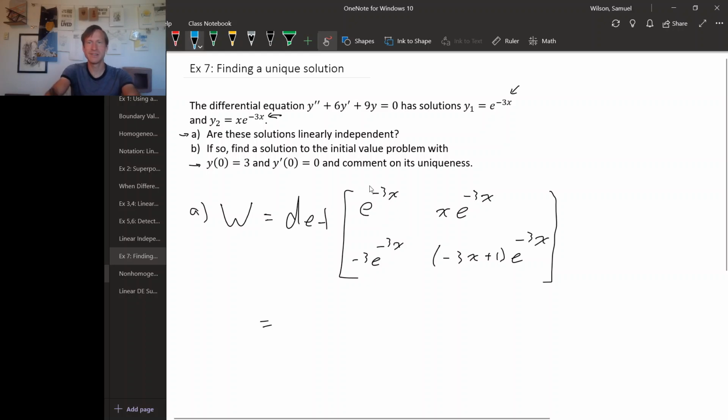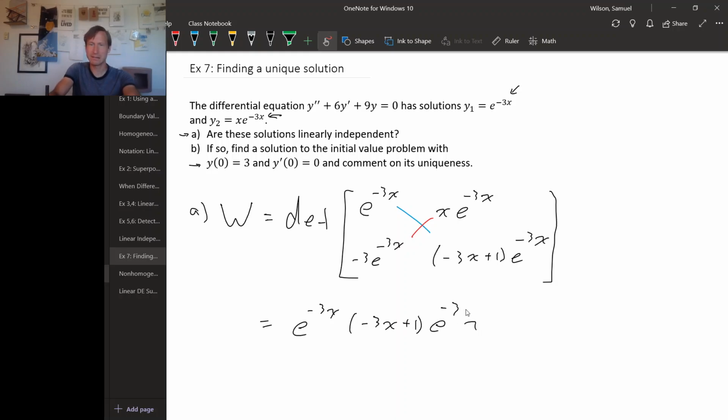So remember, it's the first diagonal with a plus, and then the second diagonal product with a minus. So we get e to the minus 3x times minus 3x plus 1 times e to the minus 3x, minus, and then we do the other product, x e to the minus 3x times minus 3 e to the minus 3x.